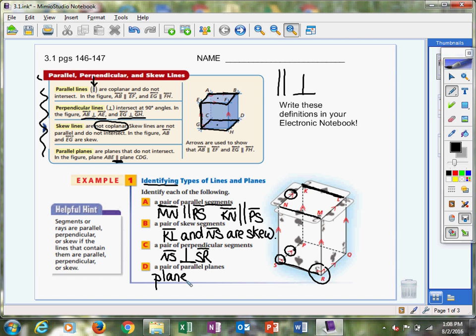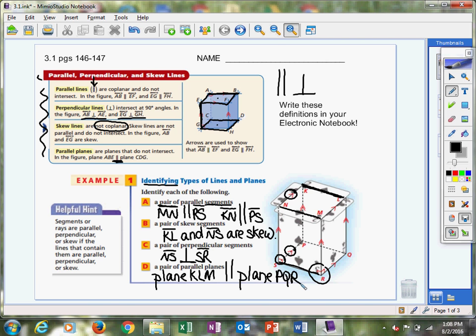We could do plane KLM is parallel, don't forget the symbolism, to plane, and then we're going to go to the bottom here, PQR. These are just a couple of examples, I did 1 or 2 for each, but there's tons of answers here, so you're definitely not limited.